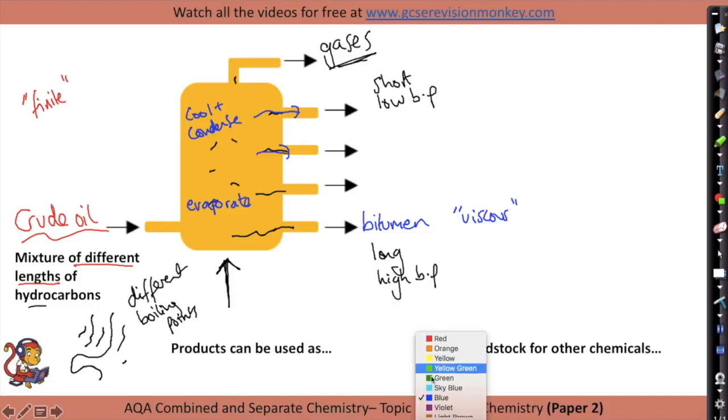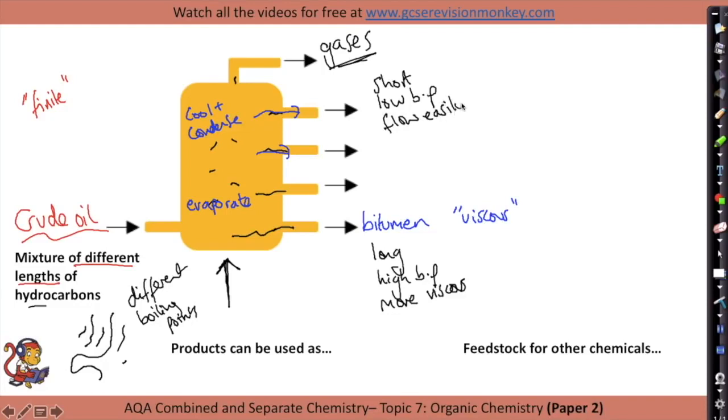So the molecules that come out of the bottom are more viscous, whereas the ones at the top of the tower flow easily. A couple of other keywords that you need to write about: the ones at the top of the tower are more flammable and more volatile. Volatile means they turn into a gas easily.